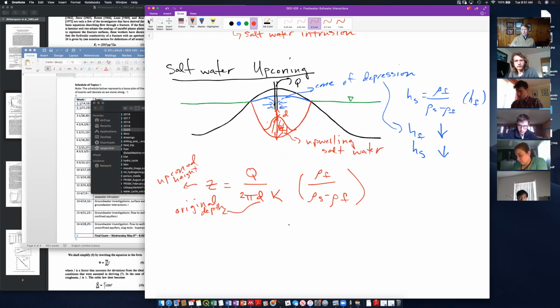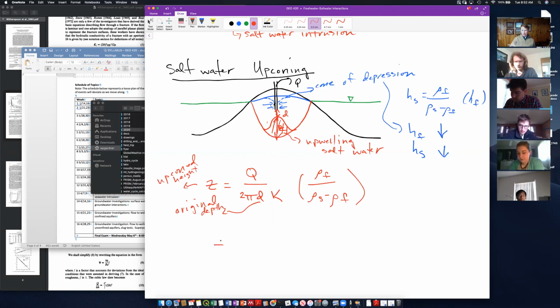All right. So basically what this says is the higher I pump, the higher this cone gets, and I can calculate what my maximum pumping rate is before I have my cone intersect my well and I start breaking through and producing salt water.